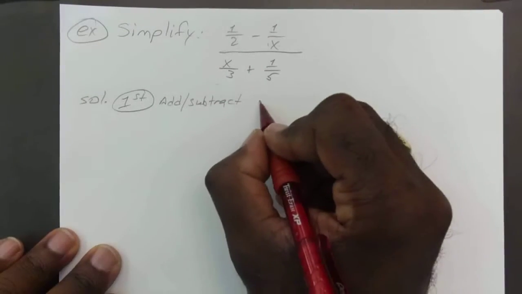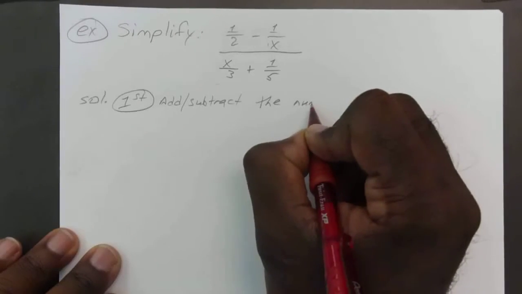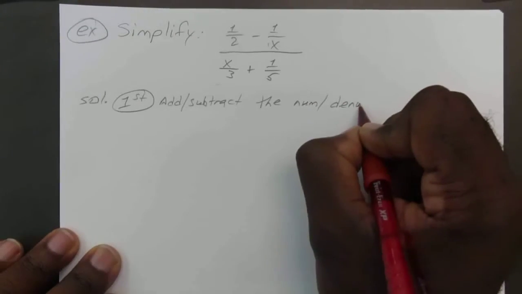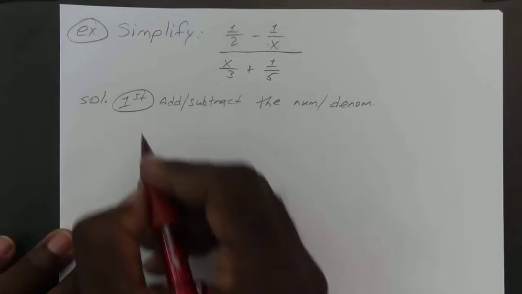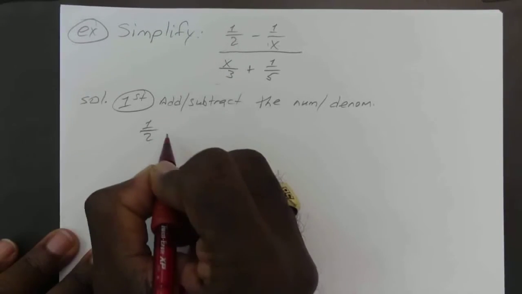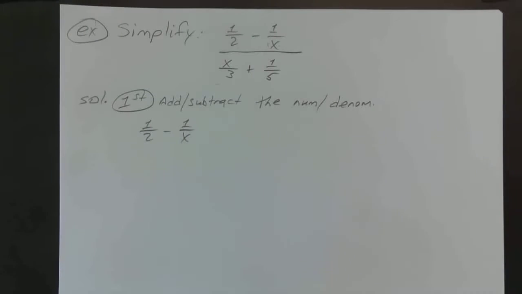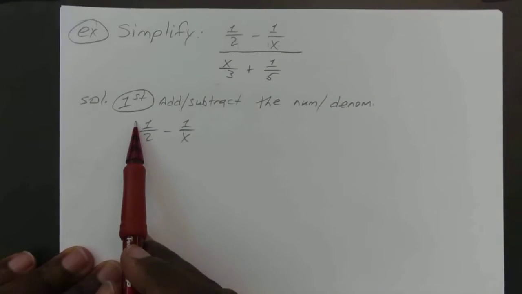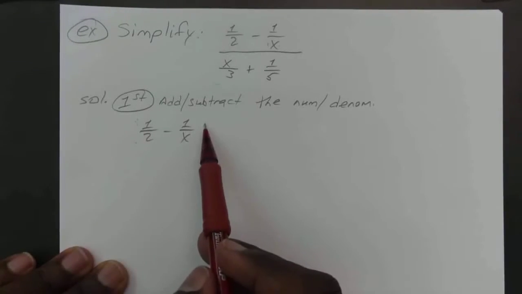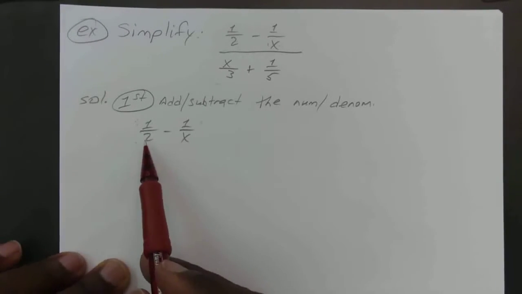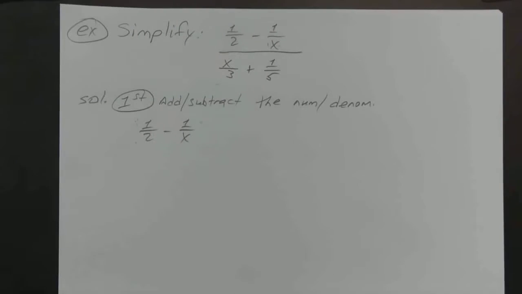So we know our 1/2 minus 1 over x. You want to get the like denominators so you can subtract them. So that means you can take this one and multiply it by x over x, and this one and multiply it by 2 over 2. So basically that would give them the same denominator.